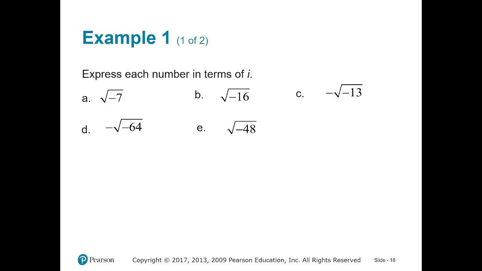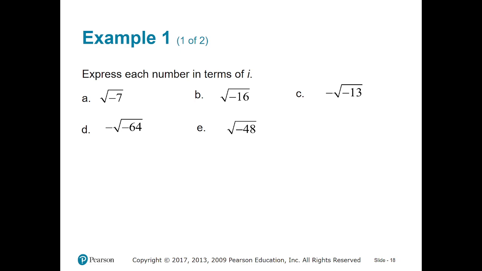Okay, for D, negative square root of -64 is the same thing as negative square root of -1 times the square root of 64. Well, that's going to be -i times the square root of 64, and the square root of 64 is just 8. So we'll have -8i.